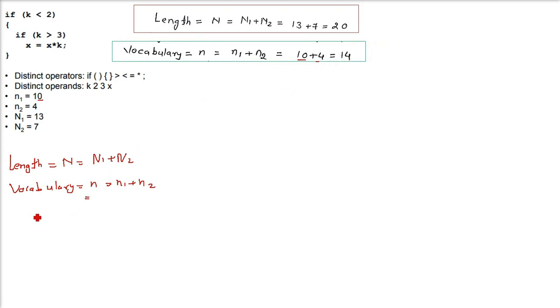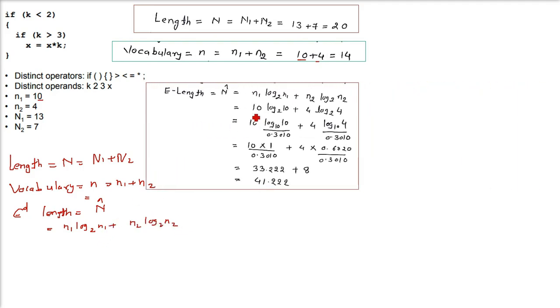Then the estimated length. This is represented by N cap. So this will take some time. N cap will be small n1 log base 2 small n1 plus small n2 log again base 2 small n2. The only thing of concern here is the computation. N1 you know is 10, N2 you know is 4, but the log base is 2.